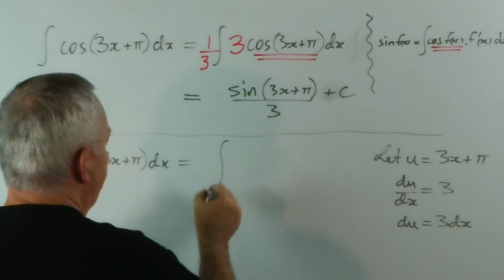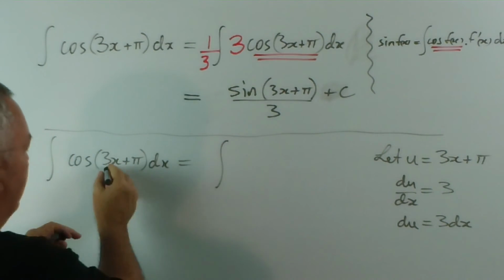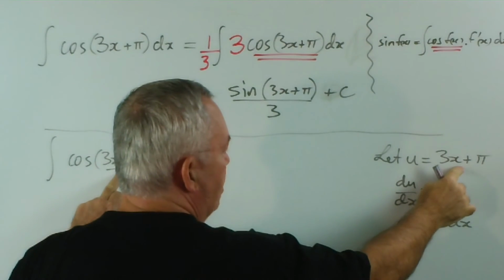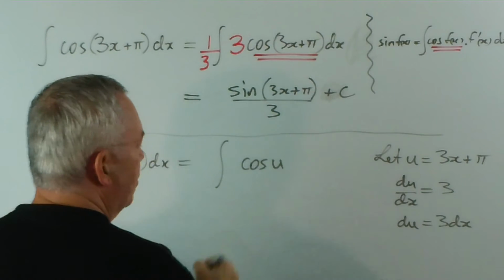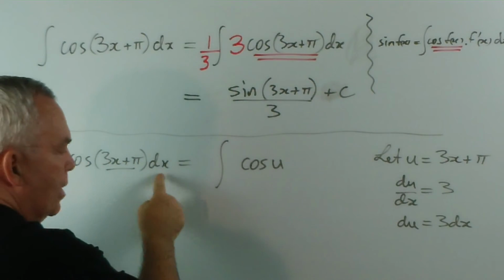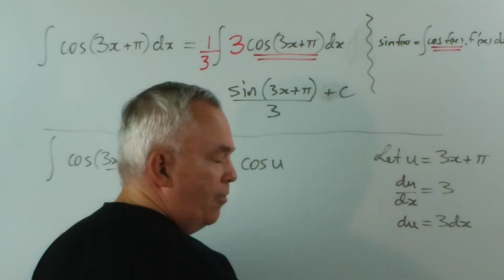So we get cos of this, and now we have a substitution for that, that's worth u. So we have cos u, and we're going to replace dx. So we'll go one step further here.